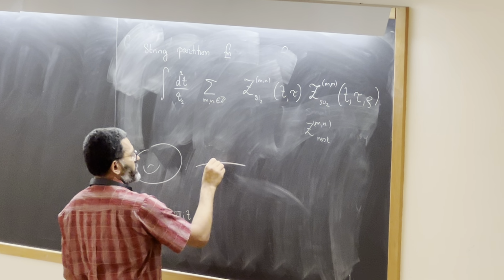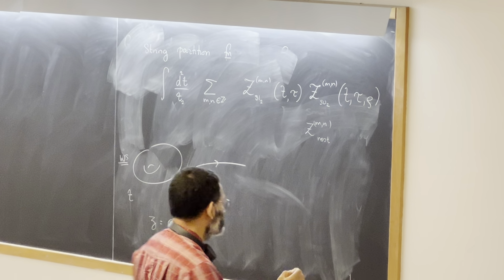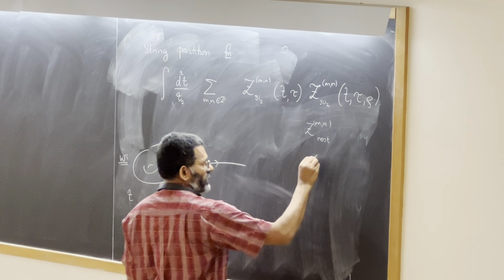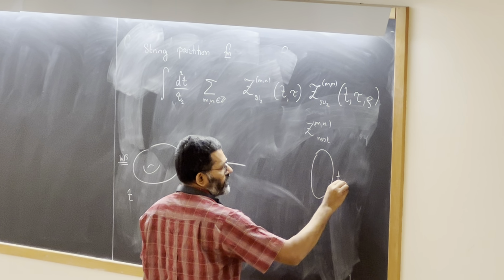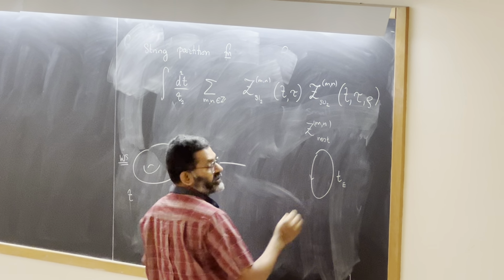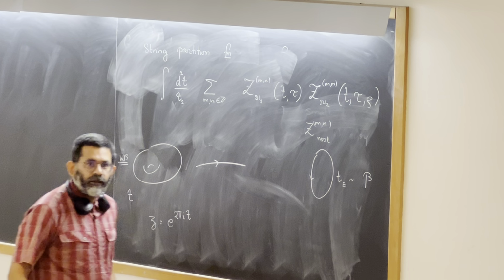This worldsheet is being mapped into AdS3 times S3 times whatever. And in this spacetime, I have a circle whose period is beta. Okay?